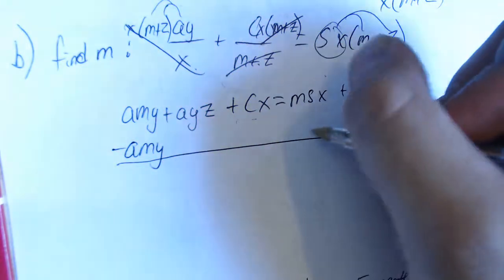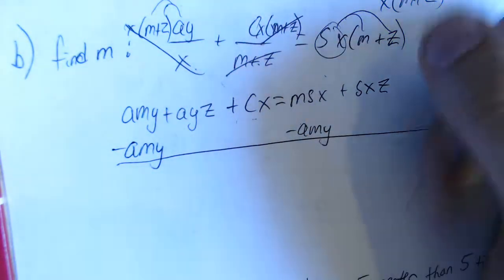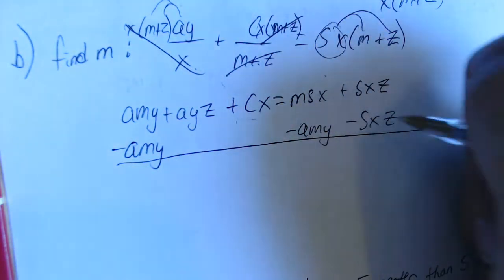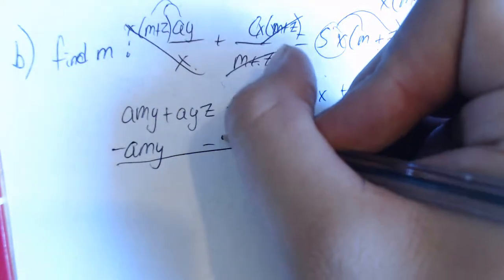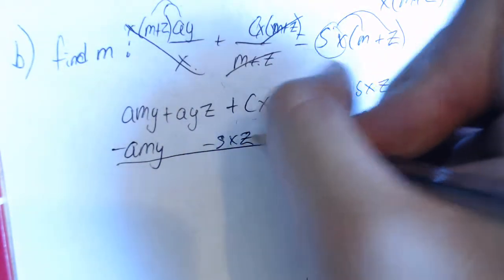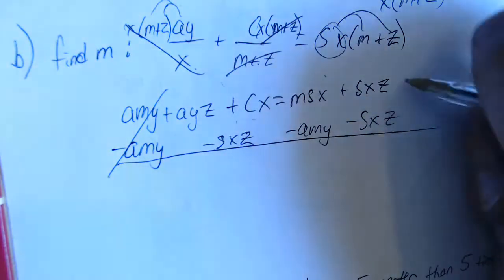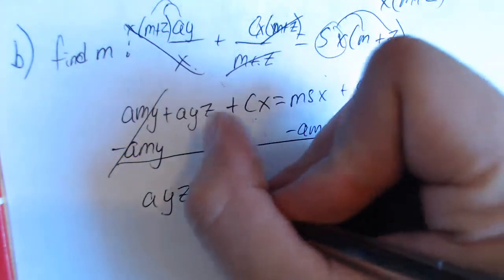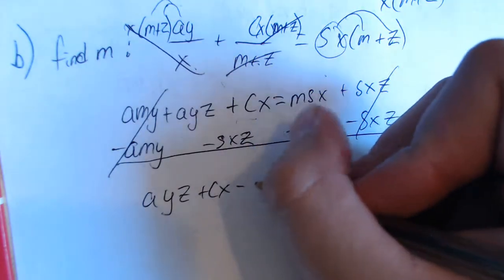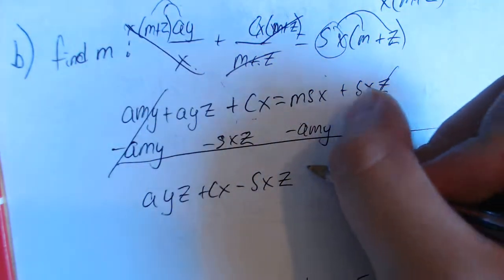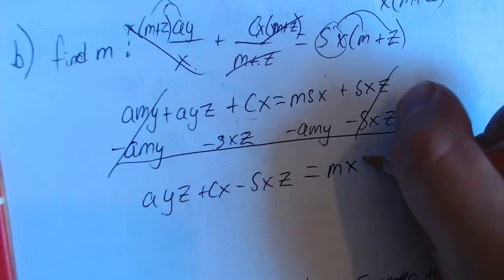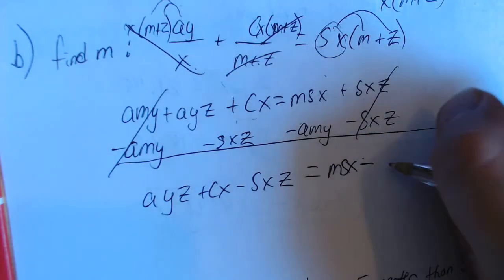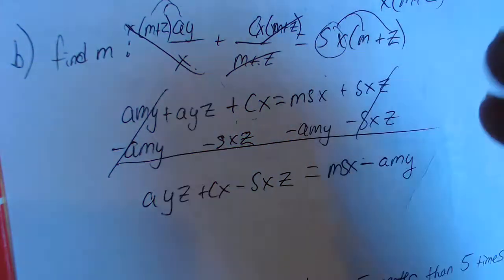So subtract amy from each side, and then subtract sxz from each side. That cancels, and then I get ayz plus cx minus sxz equals msx minus amy.